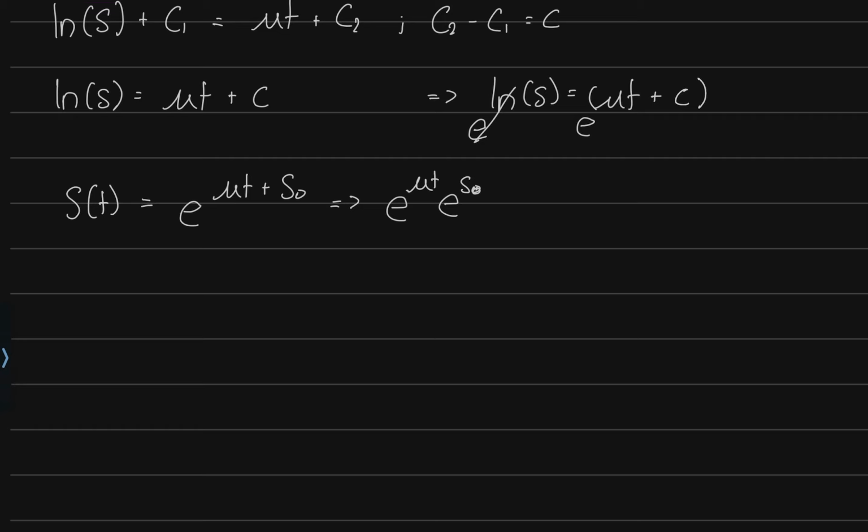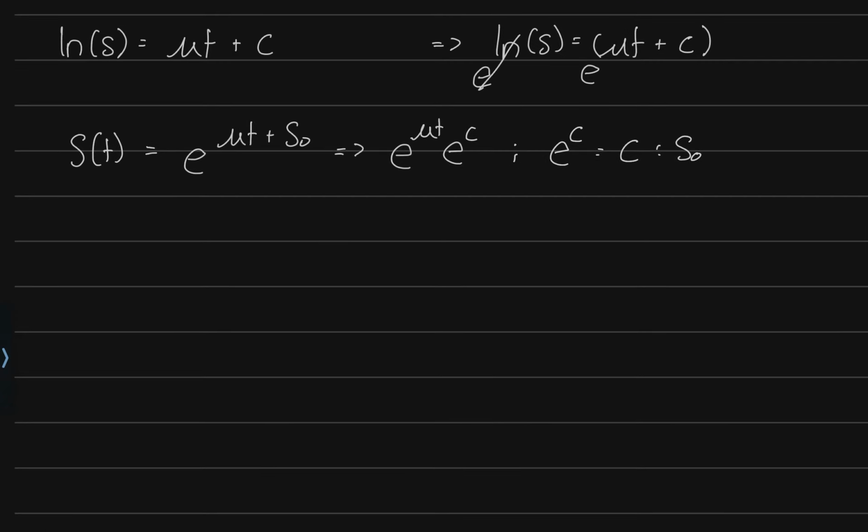That was a mistake on my part. So if we have something like this, then we know that e to the power of c is also just going to be some constant, and this is going to be the constant that we're going to take as s naught. So essentially what we have is s of t is equal to e to the power of c is a constant, which we're going to say is the initial stock price. So that's going to be S naught times e to the power of mu t.